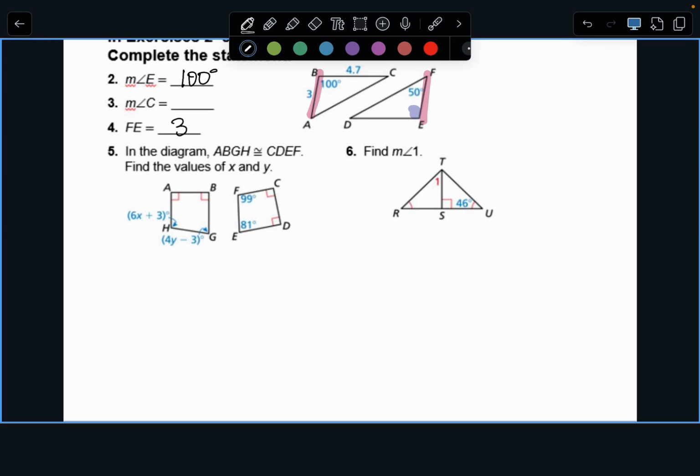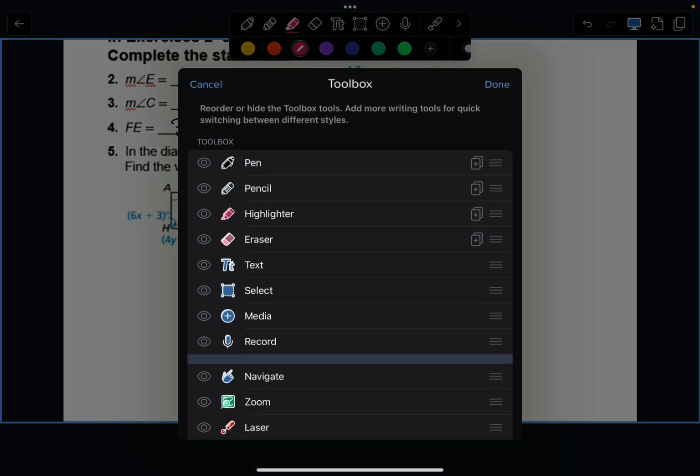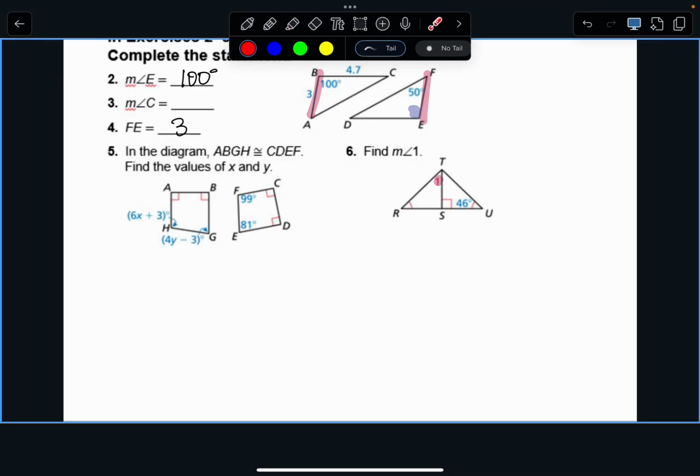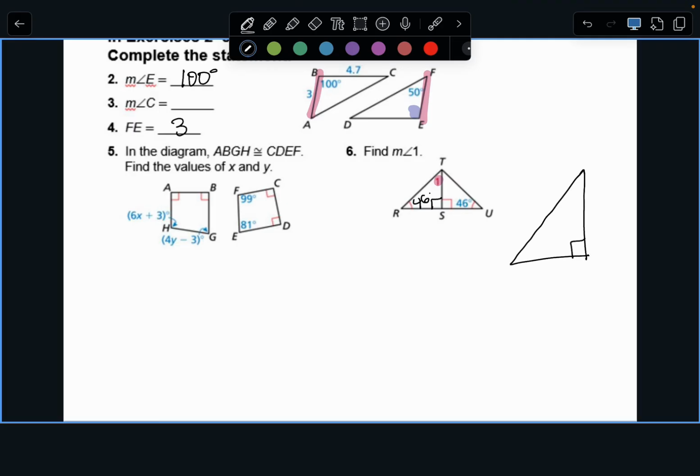So, we have to find the measure of this angle right here. Do I know what the measure of this angle is? Yes. What is it? 46. Okay. Do I know the measure of this angle? Yeah, it's 90. Perpendicular lines make 2 90-degree angles. So what I have here is a triangle with 90, 46, and a question mark. What do I do? Add them to 180.